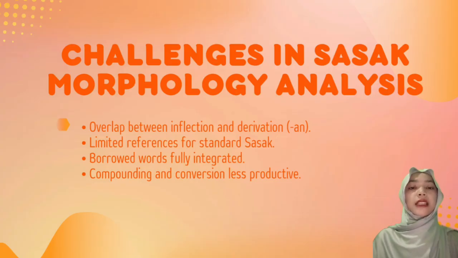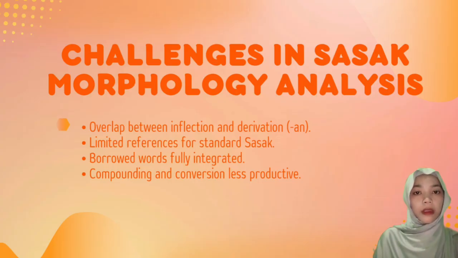Another challenge was the lack of standard references for Sasak morphology, so I had to rely on local usage. Some borrowed words have become so integrated that it's hard to tell whether they are native or foreign.